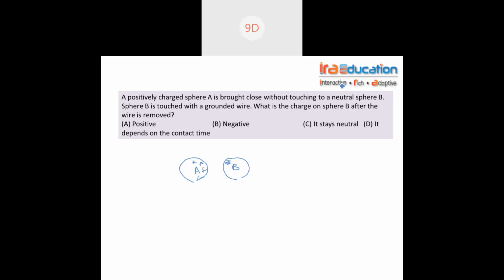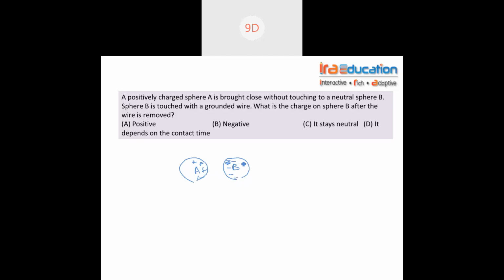This is a neutral sphere B. Sphere B is touched to a grounded wire. Negative charges are induced because the positive charge will make negative charges come to this end.